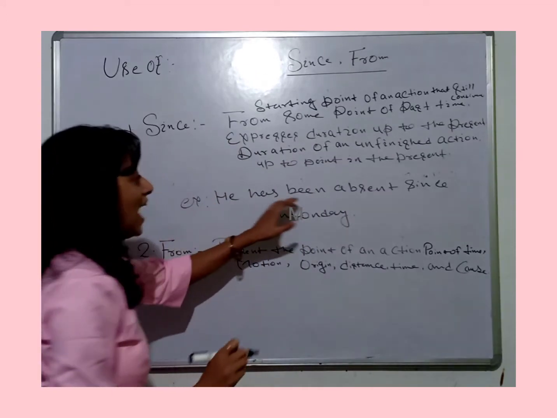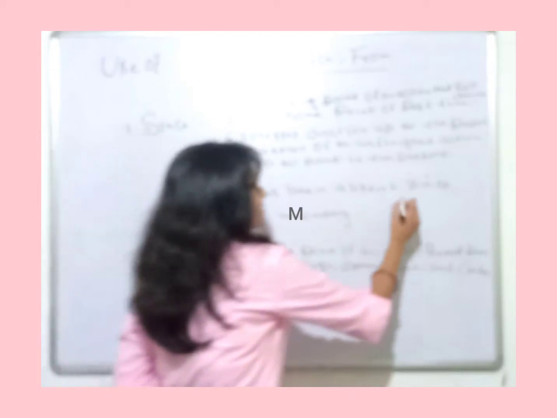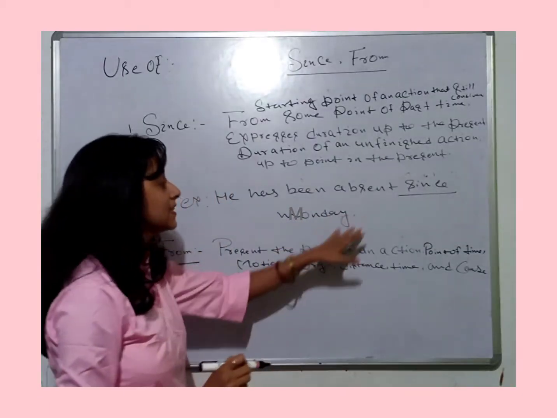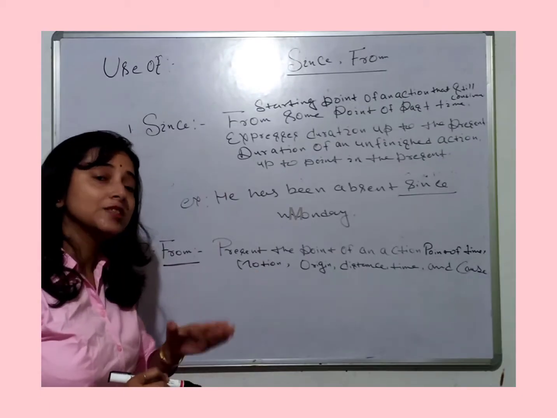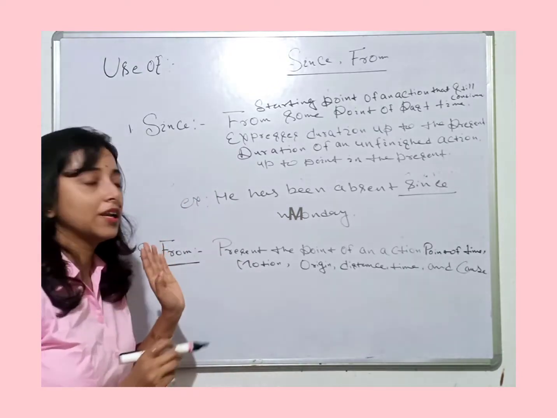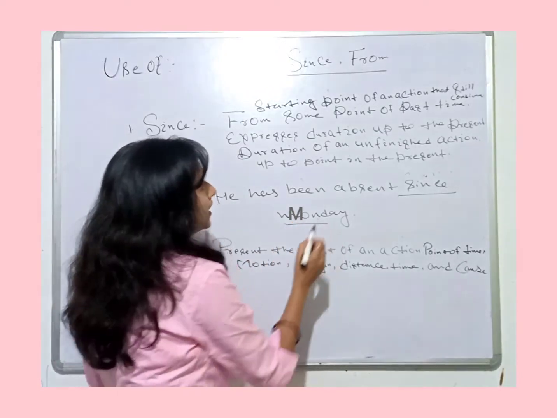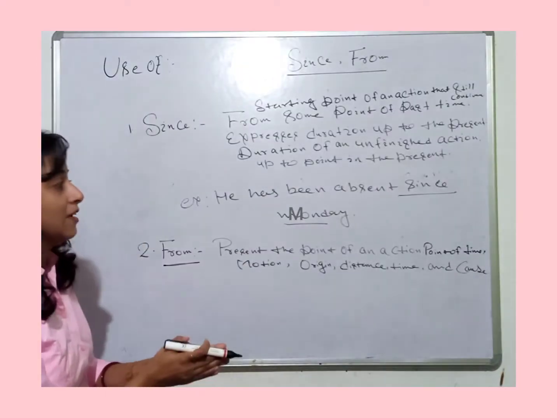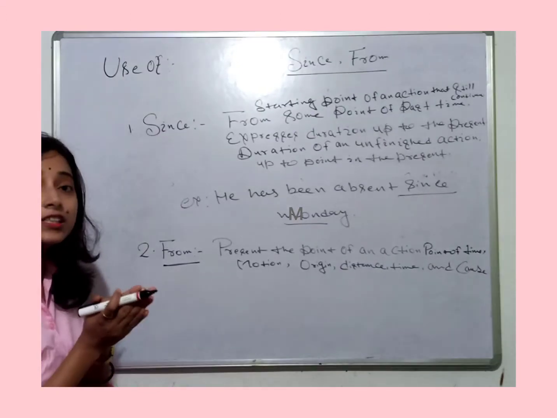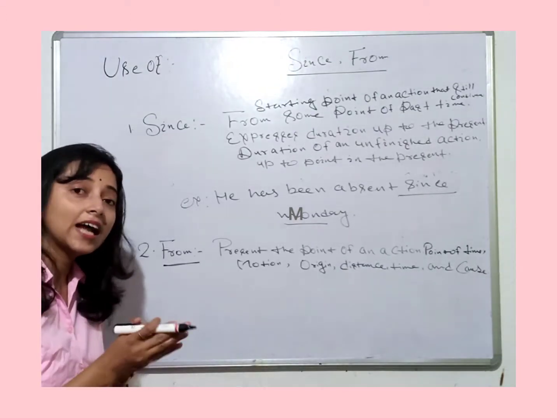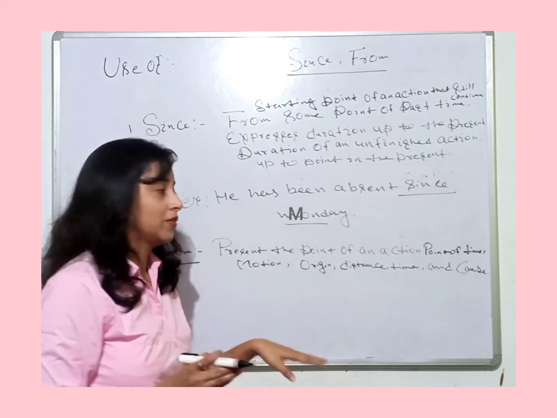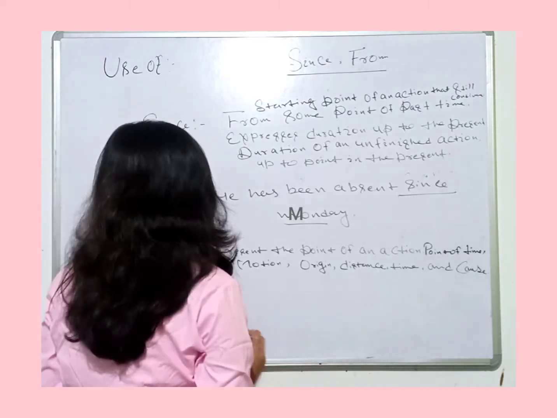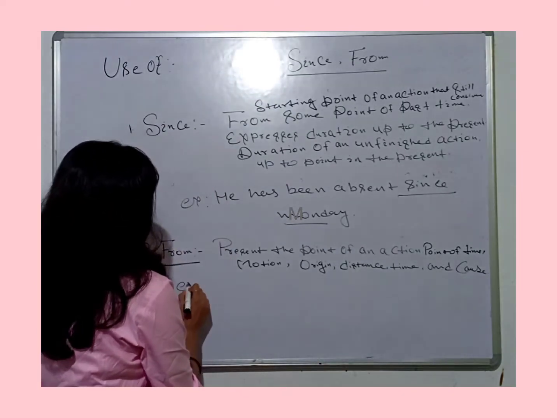Here, since suggests that he has been absent since Monday. It is denoting the point of time, but it denotes a point of time that is still continuing. Is it clear? Now let's see examples of from.